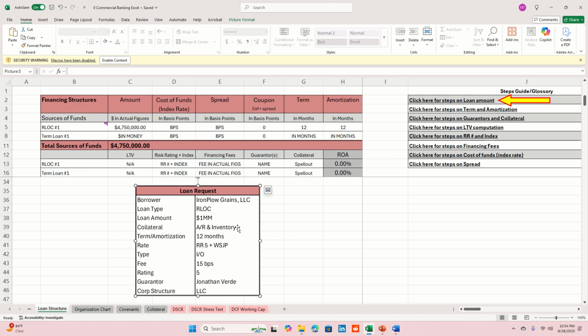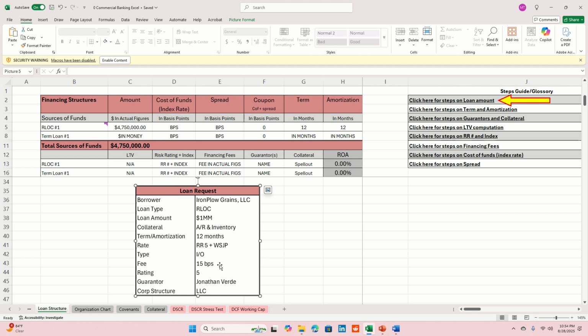Our collateral is AR and inventory. The term and amortization is 12 months. The rate is a risk rating 5 plus Wall Street Journal Prime. The type is interest only. And remember, all revolving lines of credit are always going to be interest only loans.